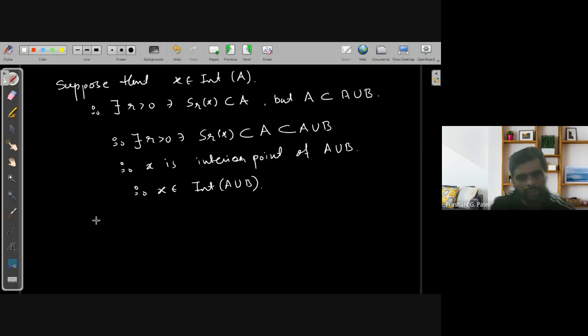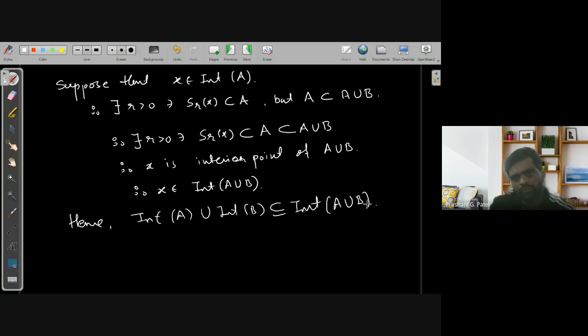So ultimately, in any of the cases, X belongs to interior of A union B. So hence interior of A union interior of B will be a subset of interior of A union B. So this completes the proof.